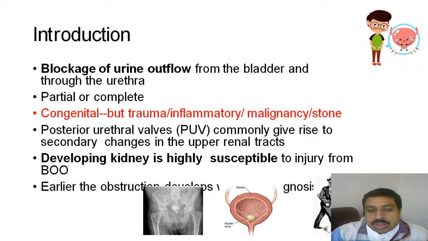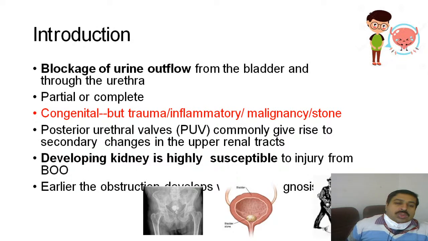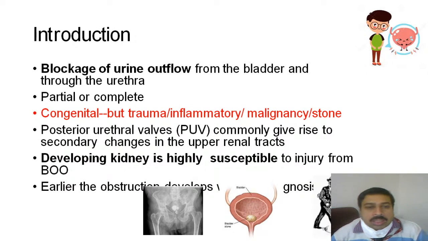The outcome would be different depending on how prolonged the obstruction is, whether it is an acute and short-lived one, or a chronic one where the obstruction continues to linger, maybe with effects on the upper tracts. By upper tracts we mean the kidneys and the ureters. Also, the outcome would be different depending on whether the obstruction is partial or complete.